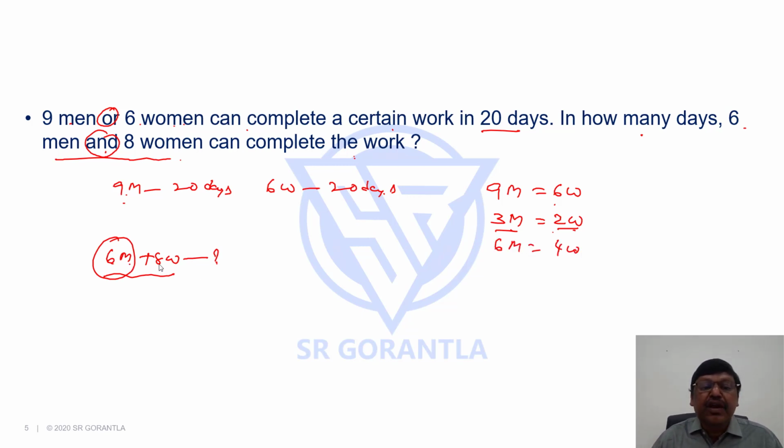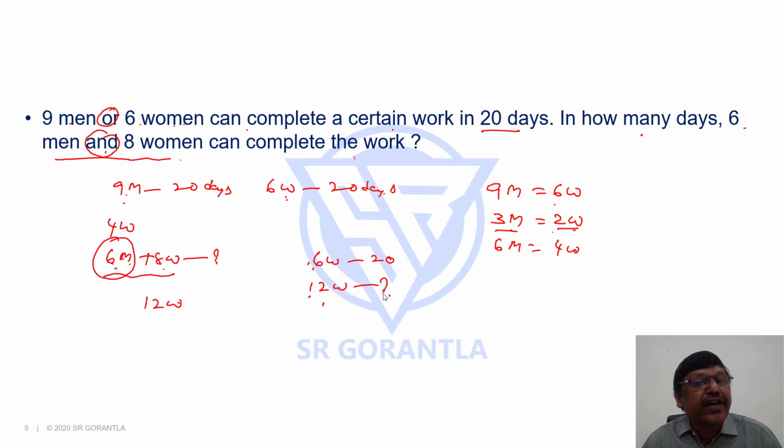So here 6 men and 8 women means we can write the 6 men work equals 4 women work. 6 men plus 8 women is as if 12 women are working. We know 6 women will take 20 days. 12 women will take how many days? More people, less time. People are doubling, so the days will be half, exactly 10.